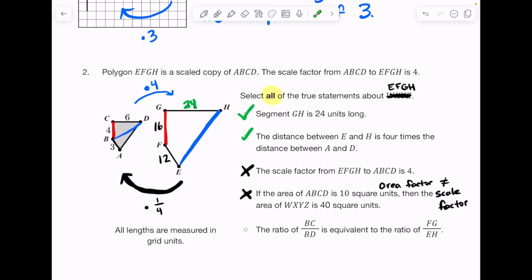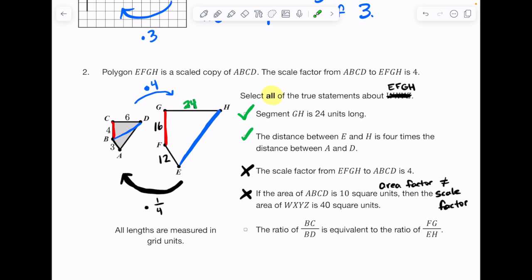And then we have FG, which is here. FG and BC are aligned, they're in the same spot. But then we have EH, which is connected currently. It's that longest side. So these ratios are not equivalent to each other because even though we have a scaled copy, these aren't corresponding parts. They don't match up with each other.